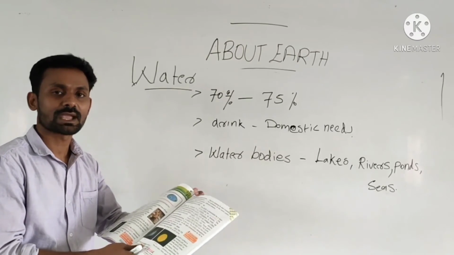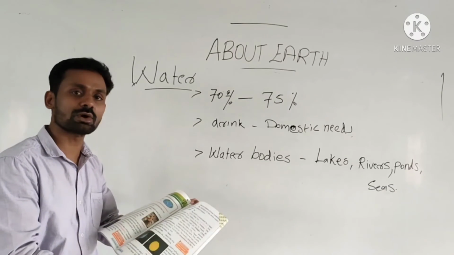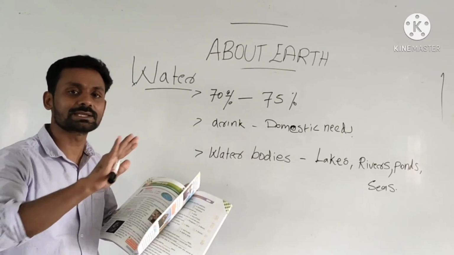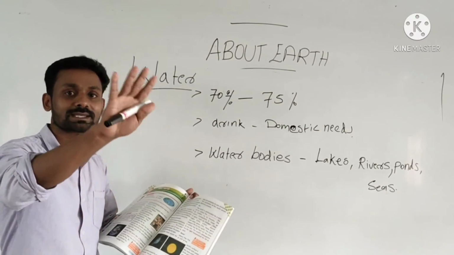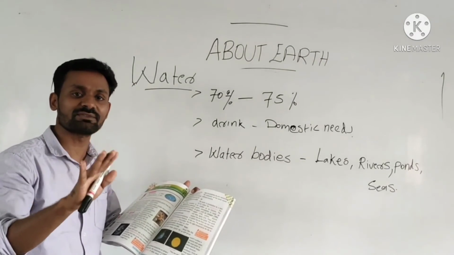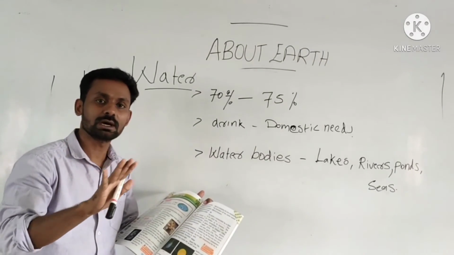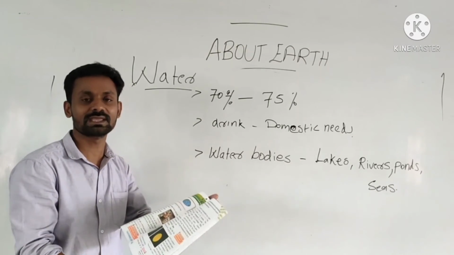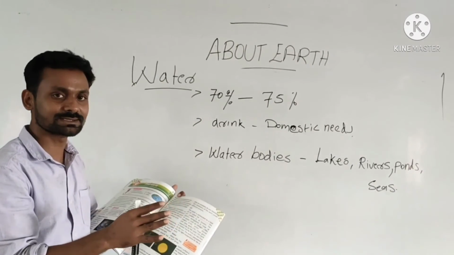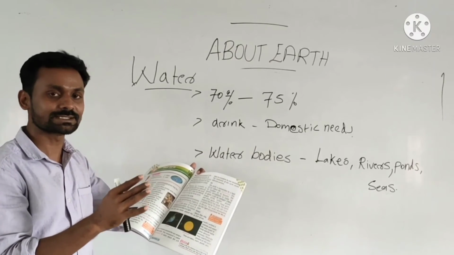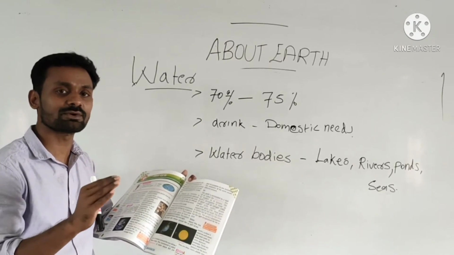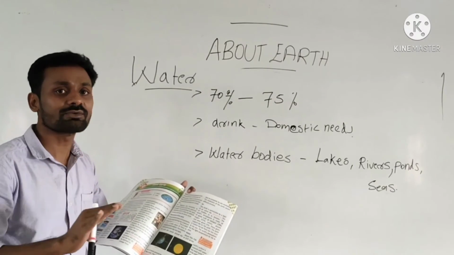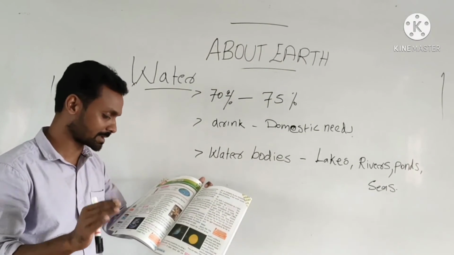Since our earth is almost 3/4 covered with water, it is blue in color. When we give color to the shape of the planet earth, we give almost 3/4 blue color, since it is covered with water.